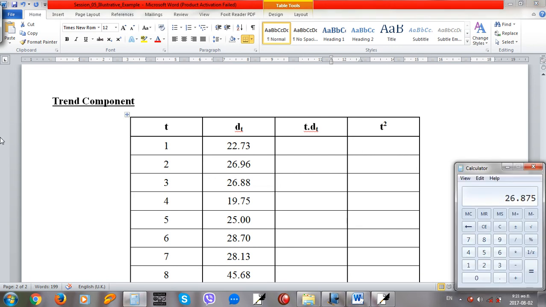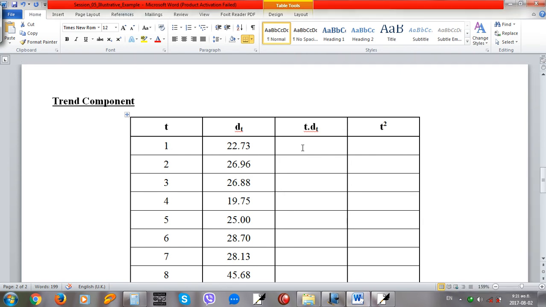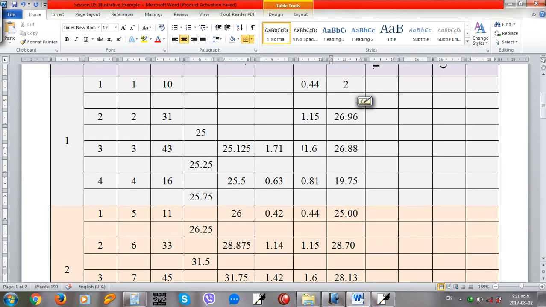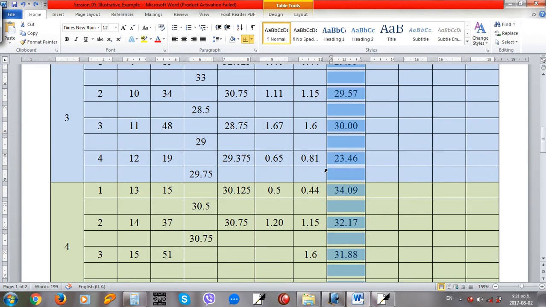T multiplied by dt means first 1 multiplied by 22.73, that is 22.73, right?